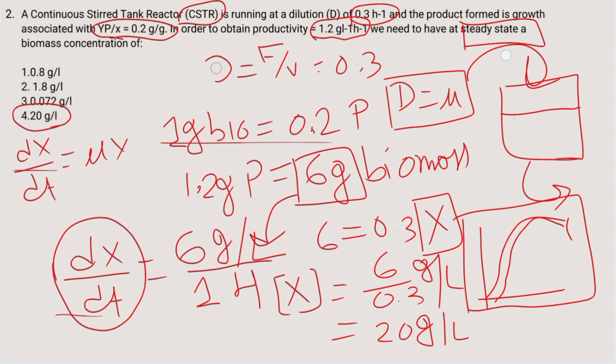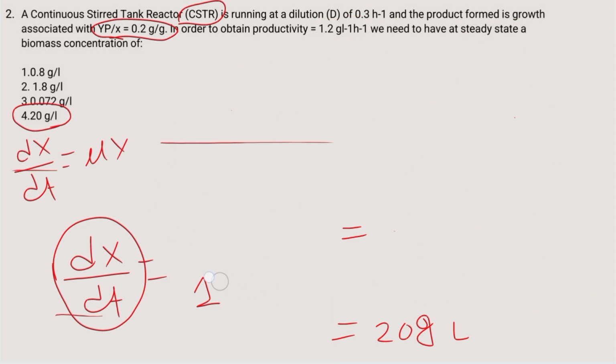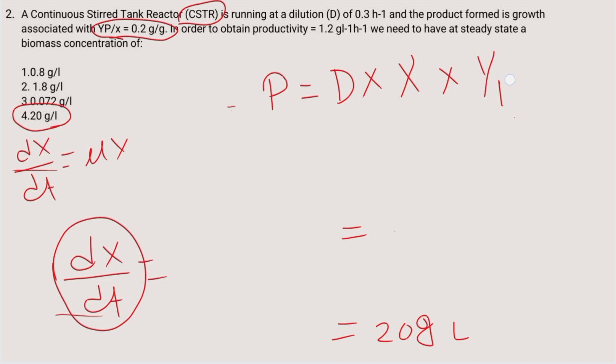If you see this kind of question and you think this one is difficult for you, then you can just follow this rule: the productivity P is equal to the dilution rate times the concentration of the biomass times the product yield.